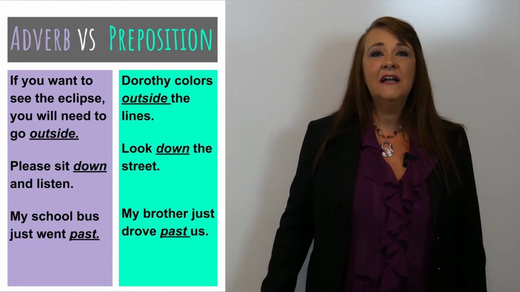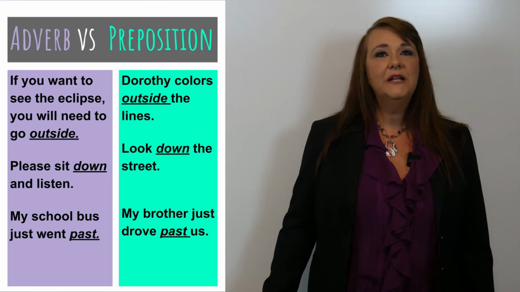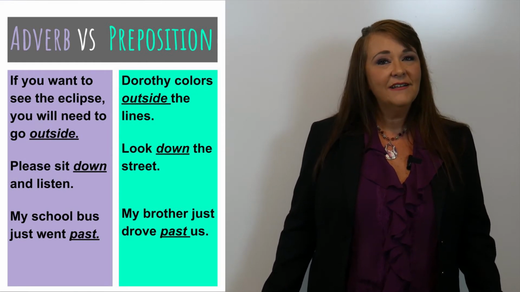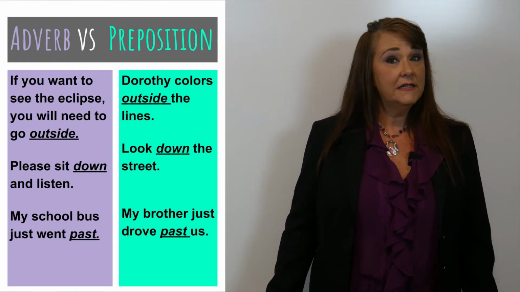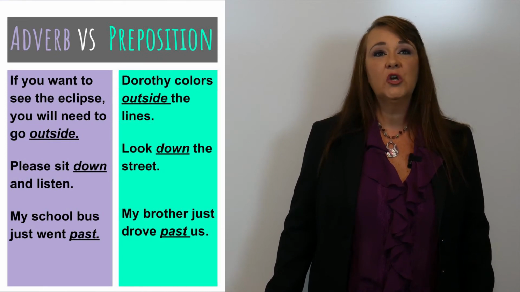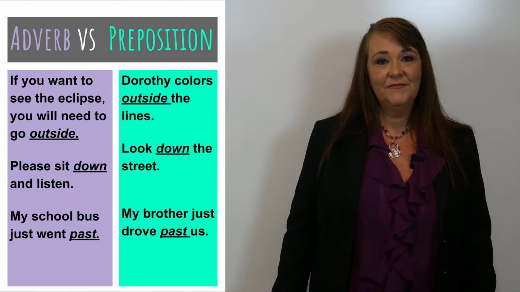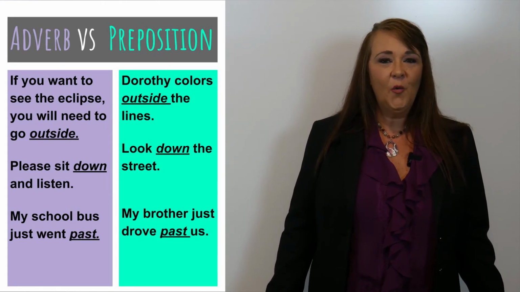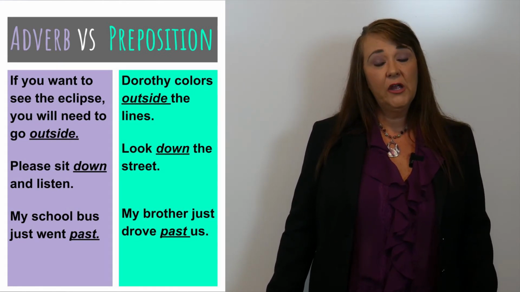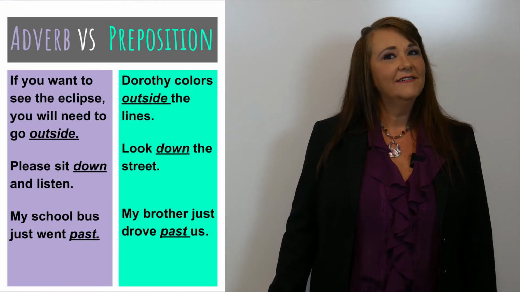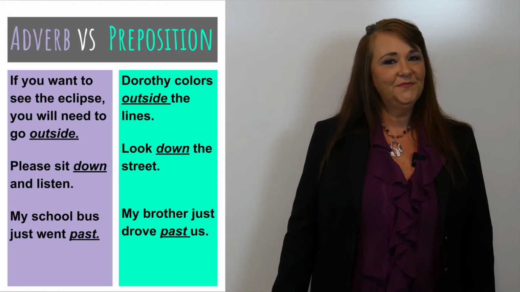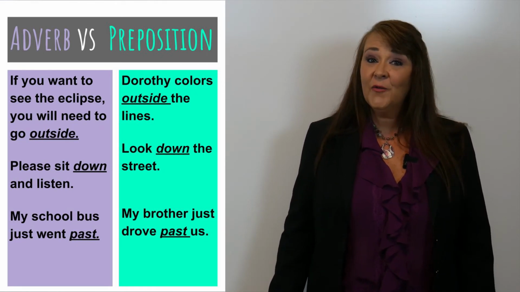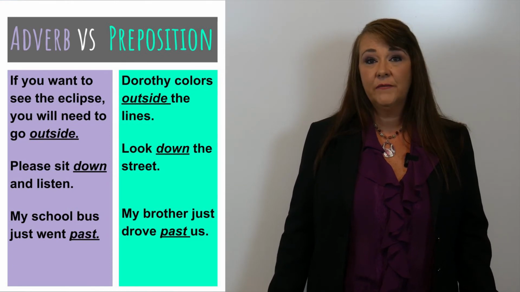Let's look at another example. Please sit down and listen. Down tells the listener where to sit. There is no object telling him or her what to sit down. So down is an adverb. But now let's look at down being used as a preposition.